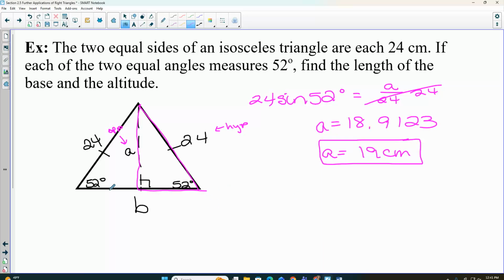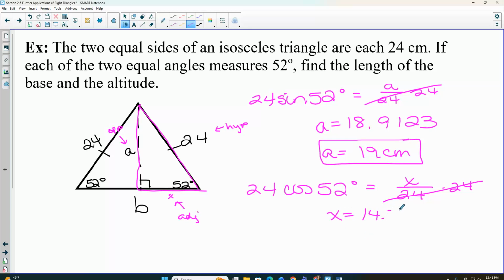Let's talk about the base, that's the bottom. When I look right here, this isn't the whole base. Let's just call it x for a second. Can we find x? So that would be my adjacent side. So what trig function? So the cosine of 52 degrees equals my adjacent x over my hypotenuse 24. So I get it's 14.7759.